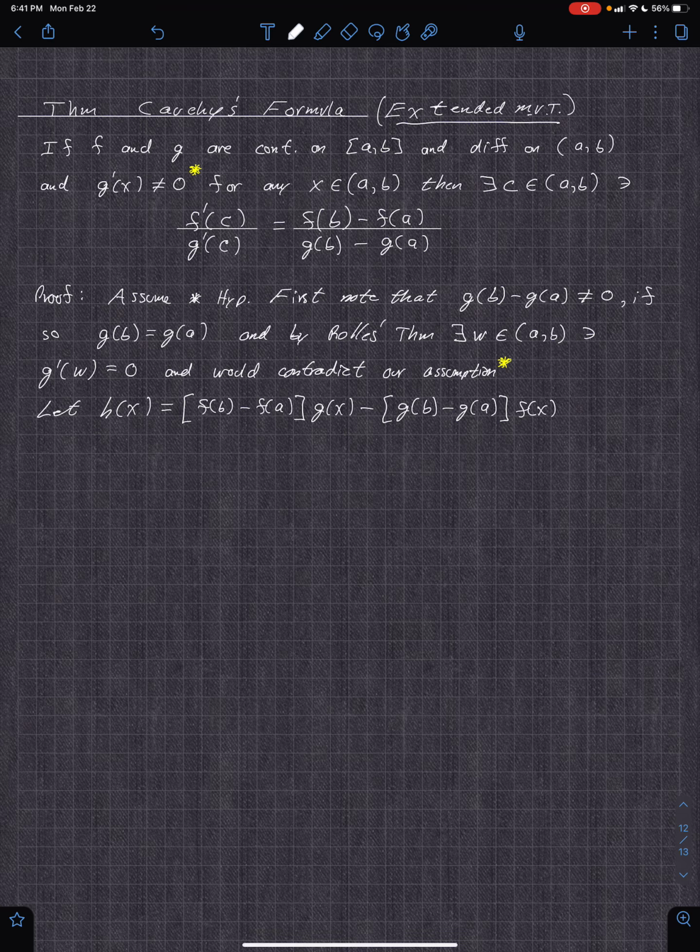We're going to define h of x to be that function for all x in the closed interval from a to b.